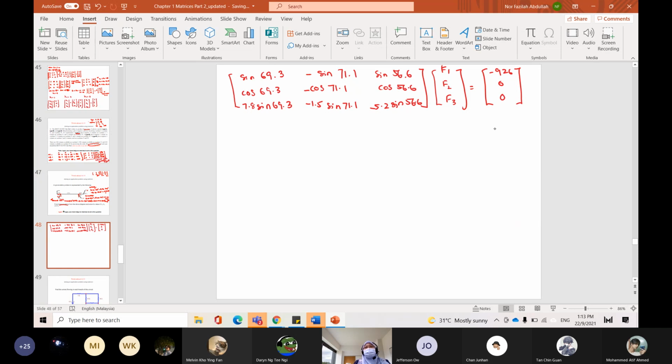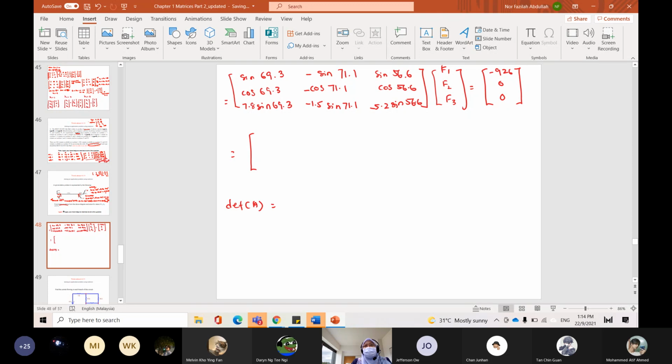So from here, you may solve using that method. You might need to simplify first. If you want to use Cramer's rule, then you need to find the determinant.